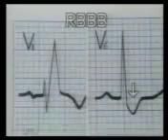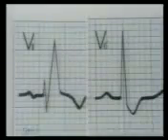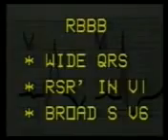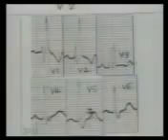It may also be associated with right axis deviation. To revise, right bundle branch block shows wide QRS complexes 3 mm or more wide, RS-R' pattern in V1, broad S wave in V6, and right axis deviation may be present.